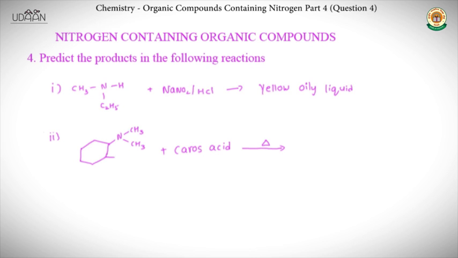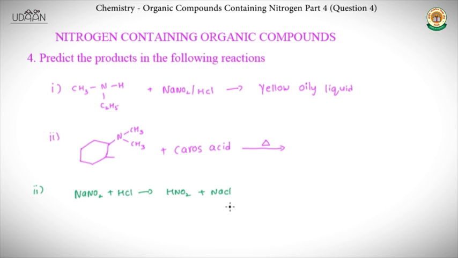First, let us try attempting the first question. As told in the theory, NaNO2 reacts with secondary amine. First, that is NaNO2 in the presence of HCl. NaNO2 in the presence of HCl will give you HNO2 plus NaCl.